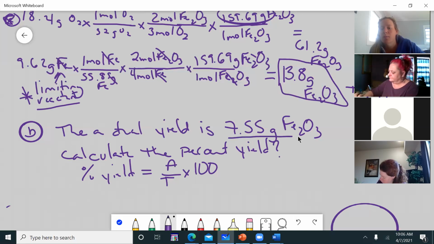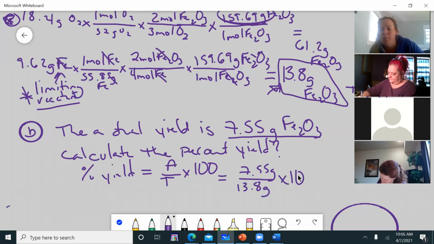Well, there it is in the problem. Theoretical is something that may be given to you, or you may have calculated it from a previous step in the problem. So we've got the theoretical right here. I'm going to take my actual, which is 7.55 grams, throw it over that theoretical, which is 13.8 grams, and multiply that by 100 so that I'm in a percentage.